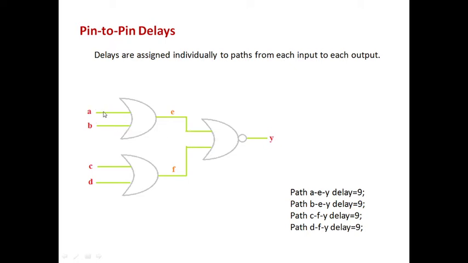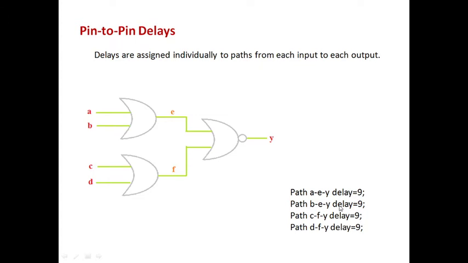That means I have 4 data paths here: A, E, Y; B, E, Y; C, F, Y; and D, F, Y. Delays are specified here for each input-output path. For path A, E, Y, the delay is 9 seconds.